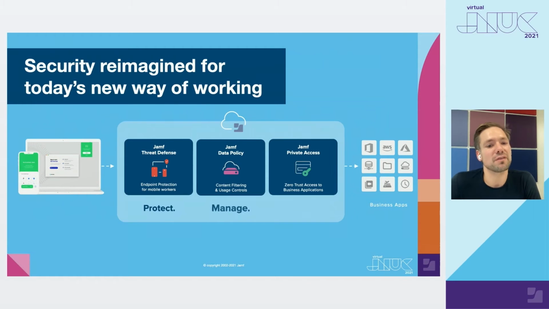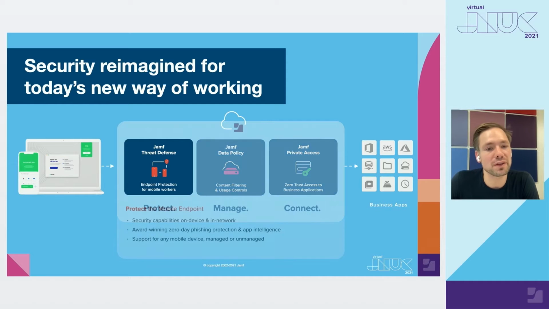To help deal with that, Wandera has built a selection of 3 complementary solutions. Wandera has built products that are now also being rebranded as Jamf. So they're now known as Jamf Threat Defense, Jamf Data Policy, and Jamf Private Access. First of all, Jamf Threat Defense.